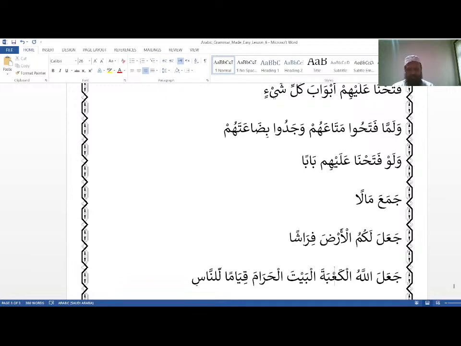Qiyam, standing, or in some translation, you'll see support. Linnas, we know the word nas, people. And we know the li, which is one of the huruful jar, to give the meaning for people. Allah made the Kaaba, the sacred house, standing for people.